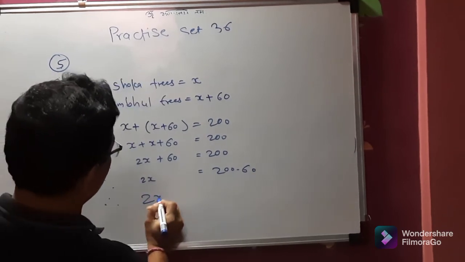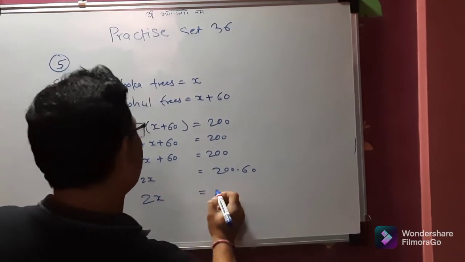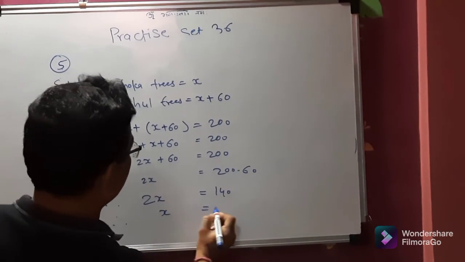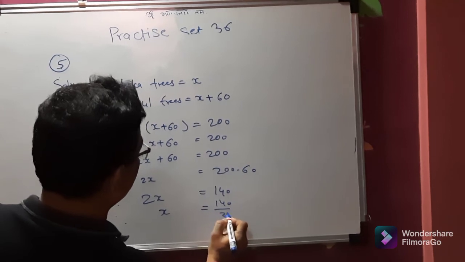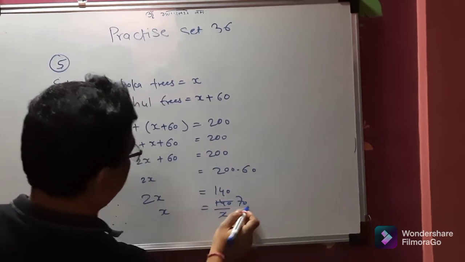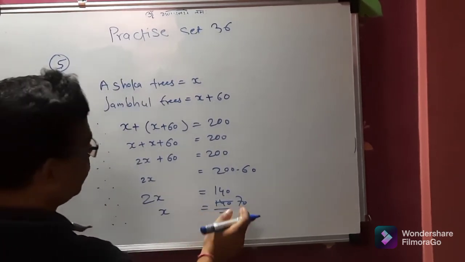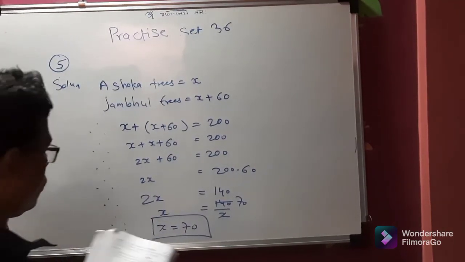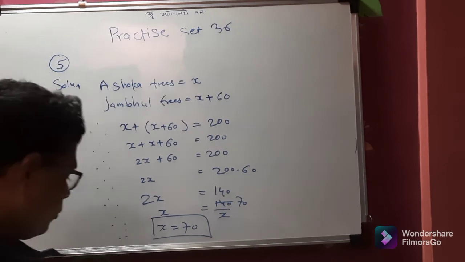So 2x is equal to 140. So x is equal to 140 divided by 2. The answer will come: x is equal to 70.